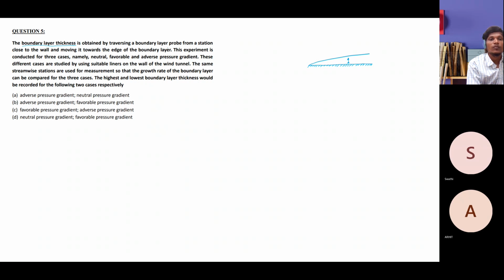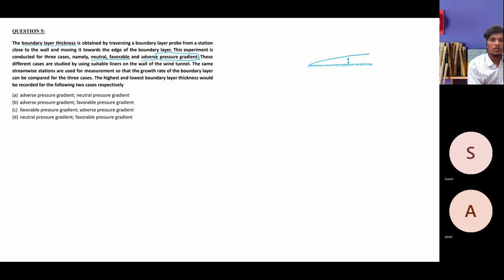The experiment is conducted for 3 cases. Suppose you are measuring the velocity only. Whenever you conduct this kind of experiment, 3 different cases are investigated: neutral, favorable, and adverse. These are all pressure gradients. This investigation was performed at these 3 cases.